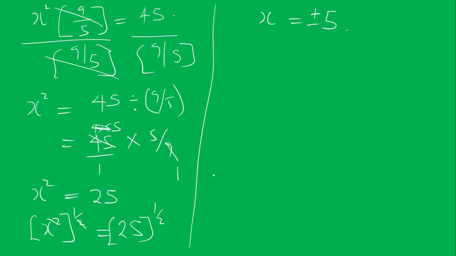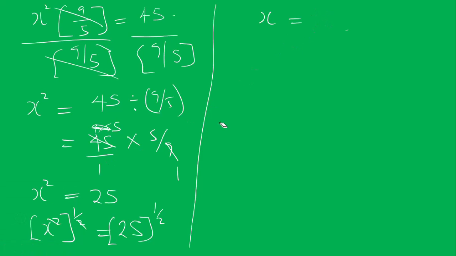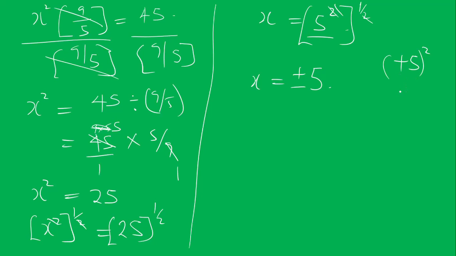Now let me just do it so that it will not get people confused. 25 is the same thing as 5 raised to power 2, all to power 1 all over 2. x is now, because this will cancel this, plus or minus 5, because this expression obeys the rule that plus 5 squared will still give you the same value as minus 5 squared, since the exponent is an even number.